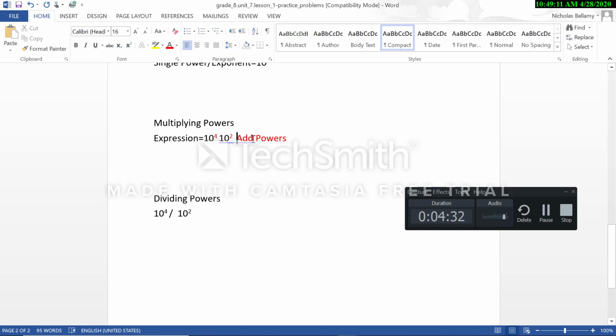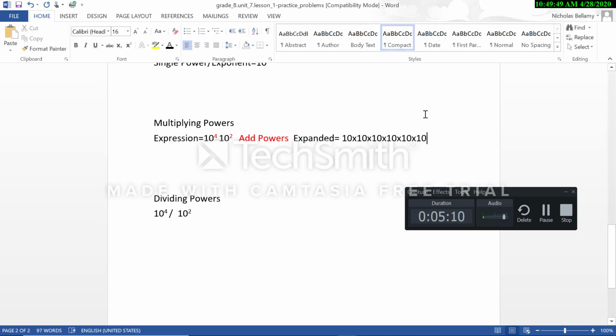Reason being, when I expand this, sorry, I changed it back to black here. When I expand this, my expanded form is going to equal 10 times 10 times 10 times 10, right? And then I'm also going to have times 10 times 10.